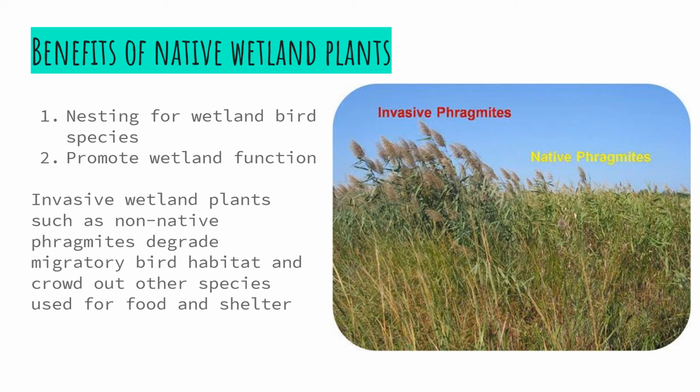We do have native Phragmites, and this is a great picture to show the juxtaposition between the two. On the right, the native Phragmites is lower growing and more spaced out and will leave room for other beneficial plants. Whereas on the left-hand side, the invasive Phragmites is much taller, much denser, and does not leave room for any other species.